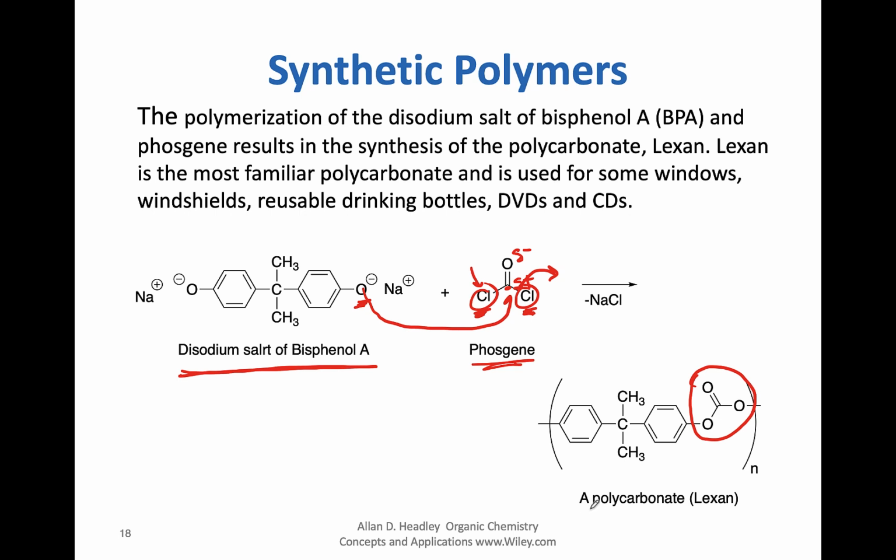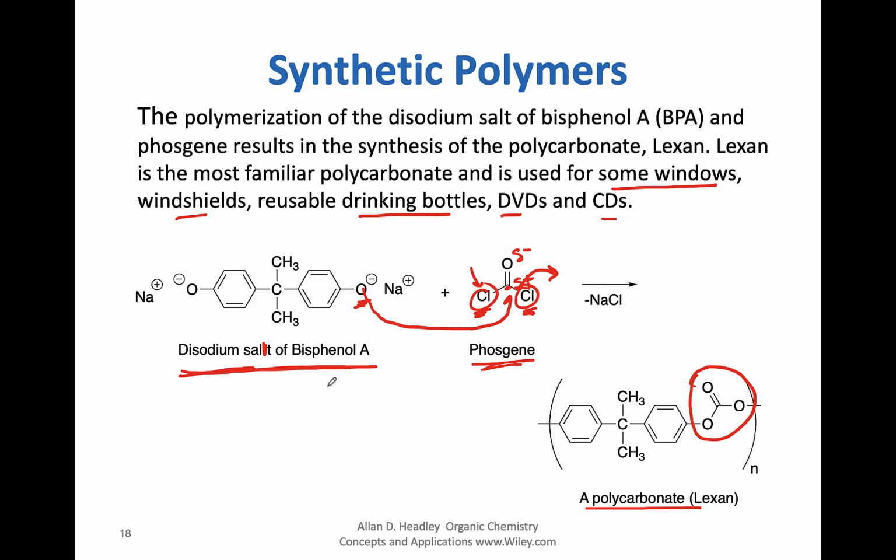This is a polycarbonate, Lexan, and this is a very sturdy compound, and it's used for windows and windshields and reusable drinking bottles, the hard types, DVDs and CDs. So as you can see, the properties of these polymers vary depending on the monomers that are used here. By the way, there's a spelling error here, I'll fix that.